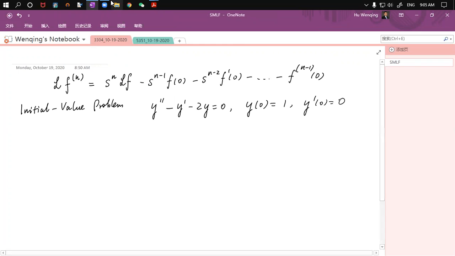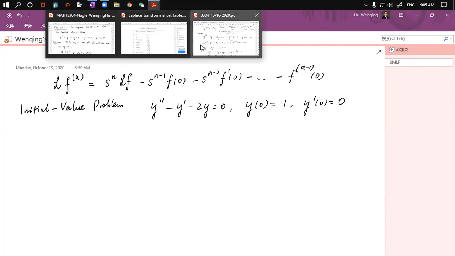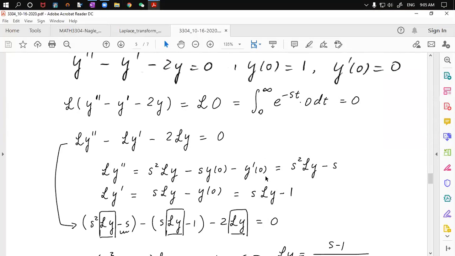That was the differential equation with initial values that we were talking about last time.